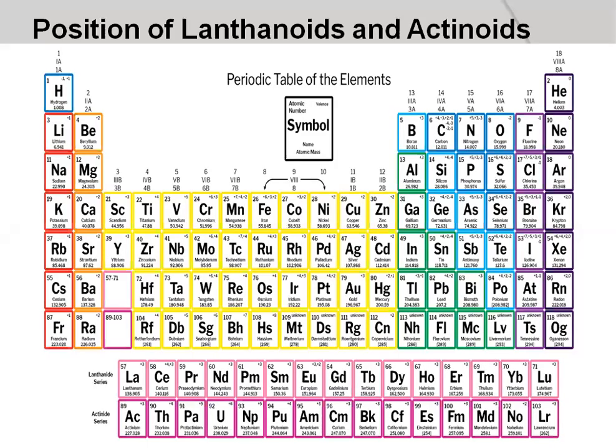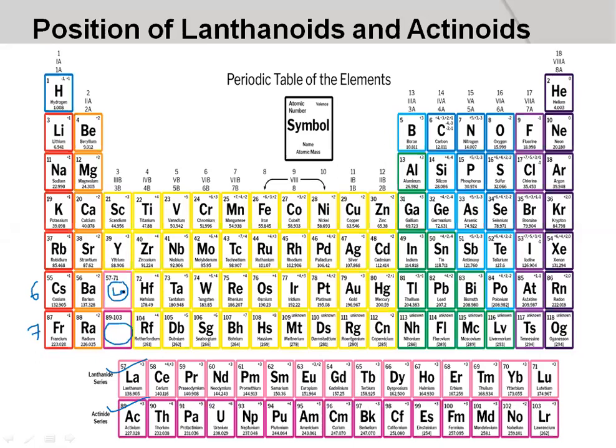Moving further, what is the position of lanthanoids and actinoids in the periodic table? We all know that these two series are placed at the bottom of the periodic table for the convenience, right? But that is not its actual position. Here, this one and this one. These are the actual position of lanthanide series and actinide series, right? Sixth period, third group, and seventh period, third group.